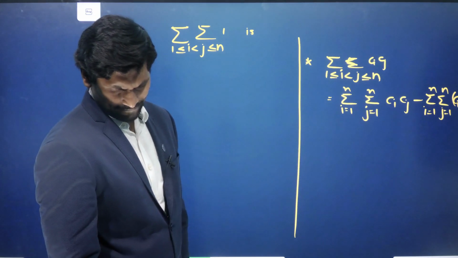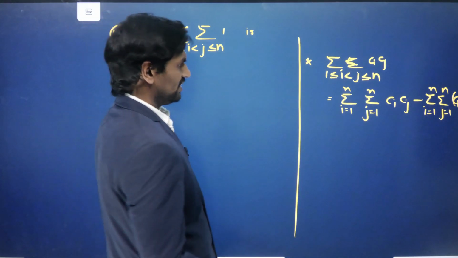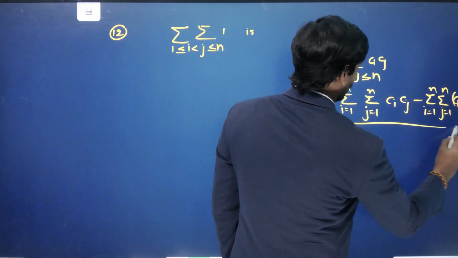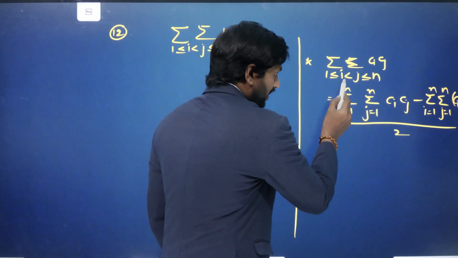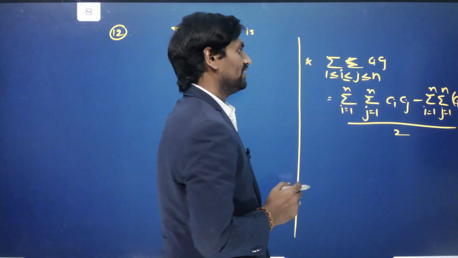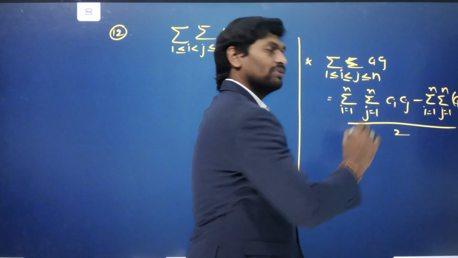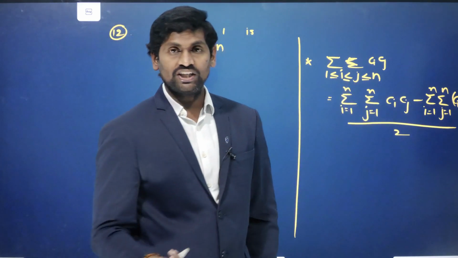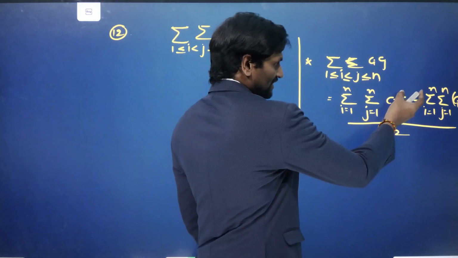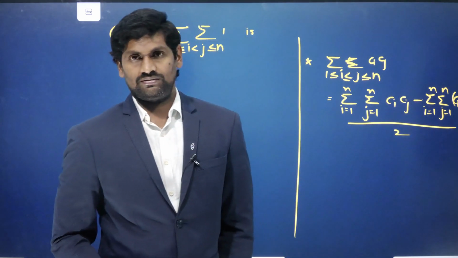Or, n Ci Cj whole square by 2. This is the formula. So one more condition is, if you take all of them equal like this, the middle plus symbol will come. And the last, third case, if i and j are not equal, then the same format will come like this only.